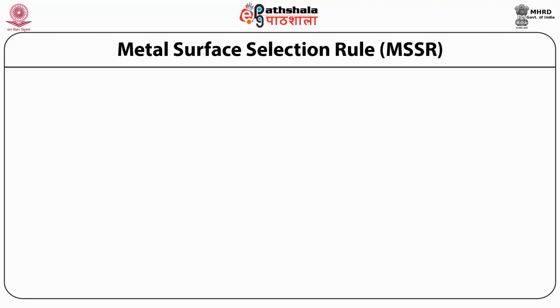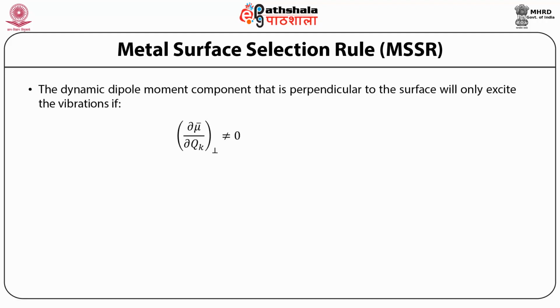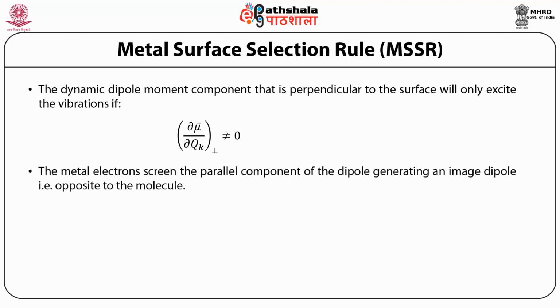The first in the series here is the dynamic dipole moment component that is perpendicular to the surface, which will only excite the vibration if this condition, indicated on the slide, holds. That is, the change in the dipole moment is not equal to 0. The metal electrons screen the parallel component of the dipole, generating an image dipole that is opposite to the molecule.